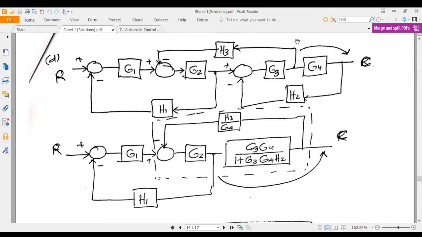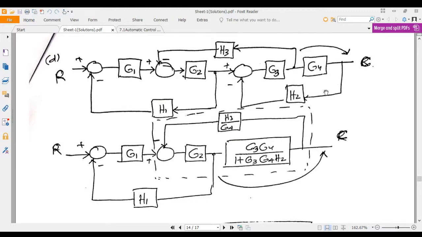After forwarding this, you can see here, when you forward this feedback path H3 after G4, then G3, G4 are in series. So that's why here we multiplied G3, G4 in the denominator also.